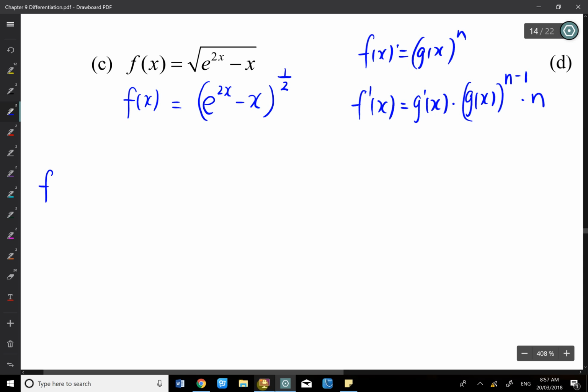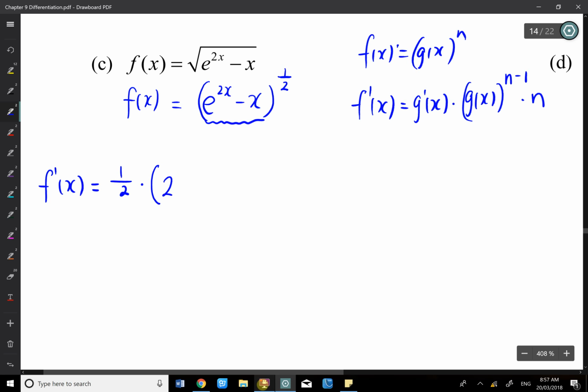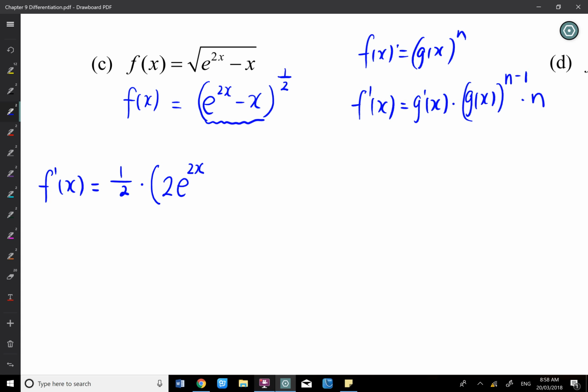So f dash x, we have half to the front. n is the easiest one we can get, which is half, times g dash x. What is my g of x? The inside is my g of x, right? I want to derive the inside. So to derive the inside, we have 2e to the 2x. To derive e to the power of 2x, derive the power, that gives you 2.